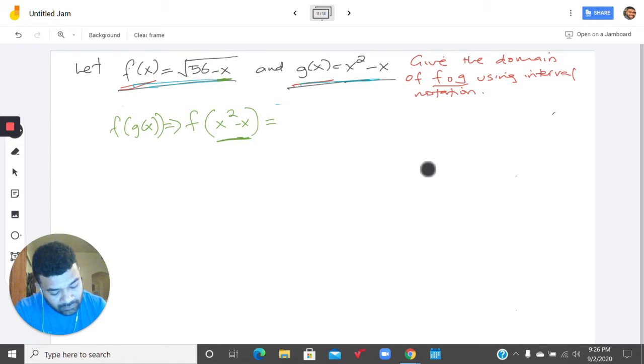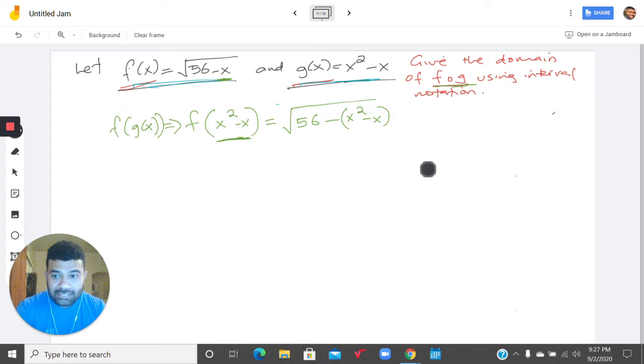So I will have a square root of 56 minus that x. So I'll put in the parentheses, so I'm replacing that x with x squared minus x. Now we got that out of the way. We've solved f of g.